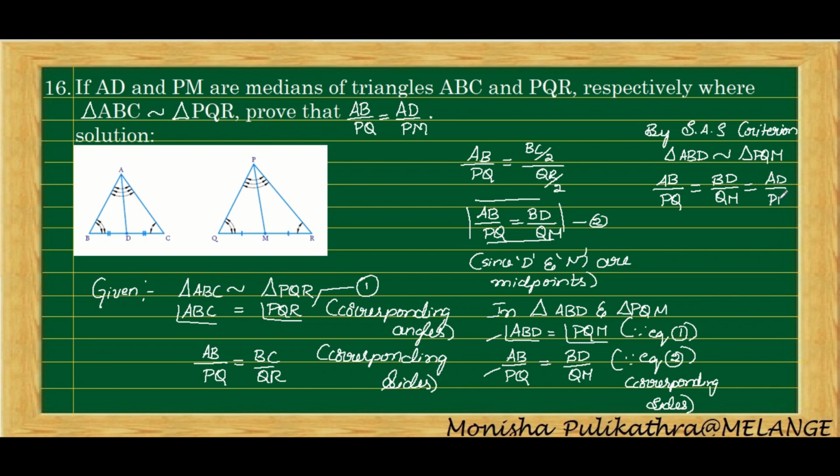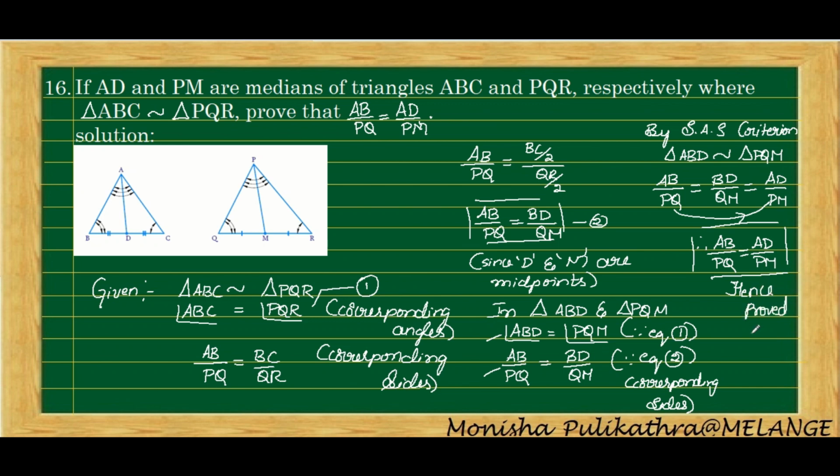In the question, we need to prove that AB by PQ is equal to AD by PM. So AB by PQ is equal to AD by PM also. Therefore, AB by PQ is equal to AD by PM. Hence proved.